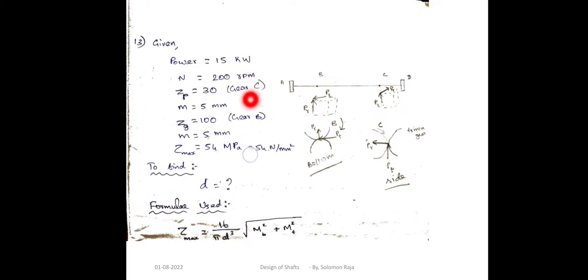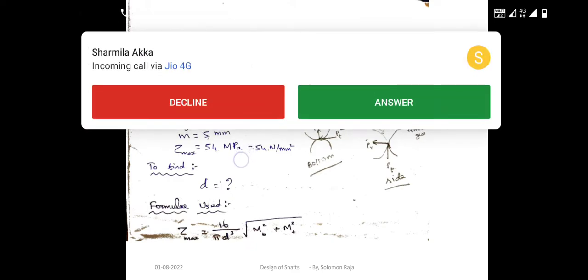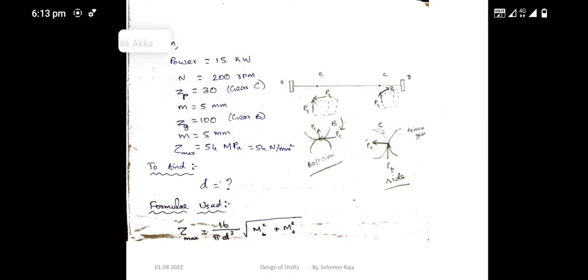Number of teeth on the pinion, gear C, is 30, and the module for gear C is 5 mm. Number of teeth on gear B is 100 and the module is 5 mm. These are given in the question. And tau max is 54 megapascal, that means 54 Newton per mm square.